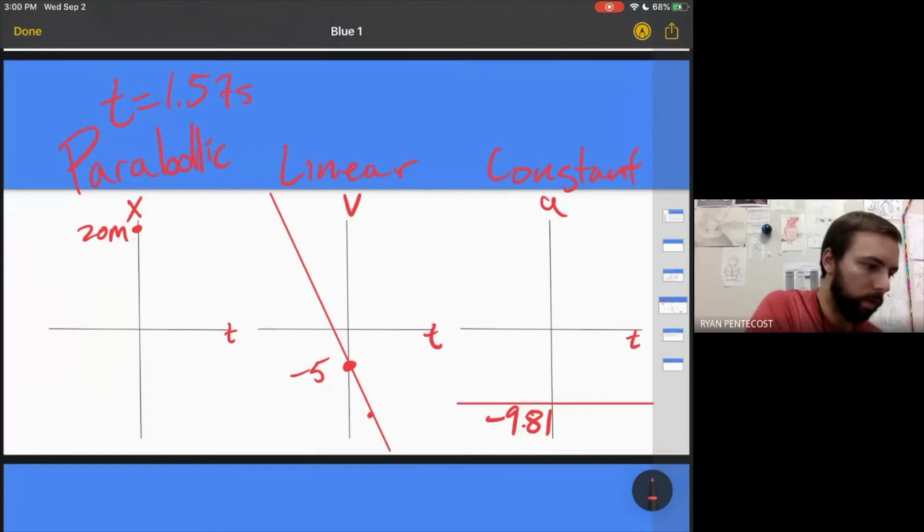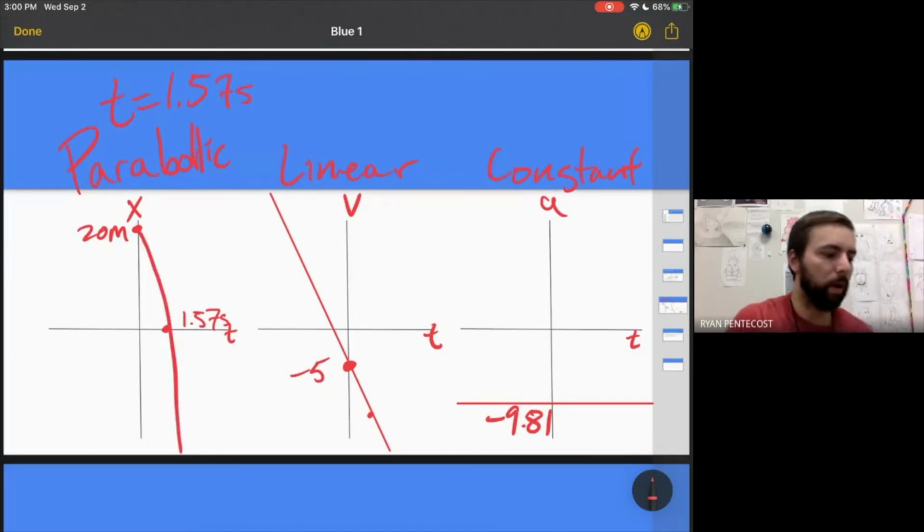So that means that we go over about 1.5. I'm just guessing here. 1.57 seconds. And that's already going to be mid-parabola, okay, when it drops.